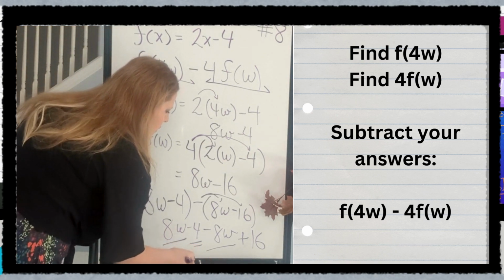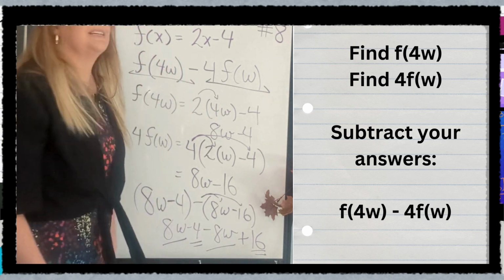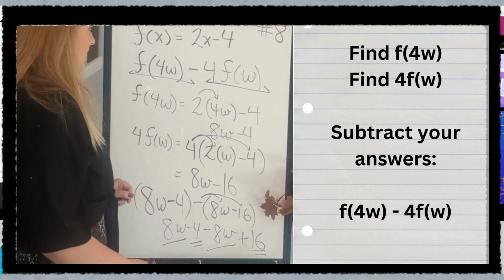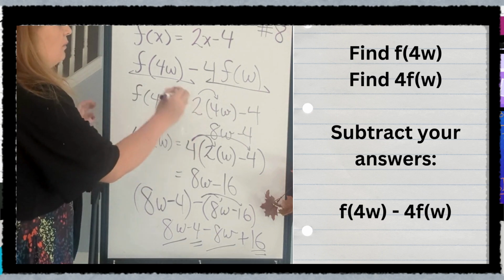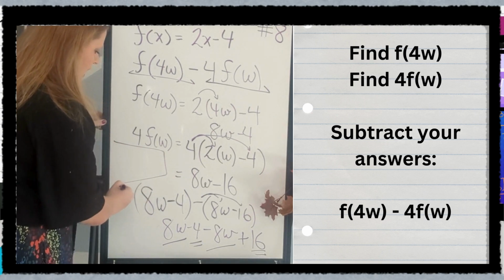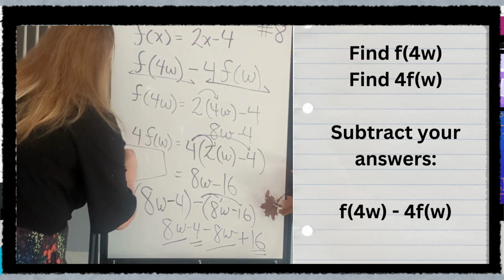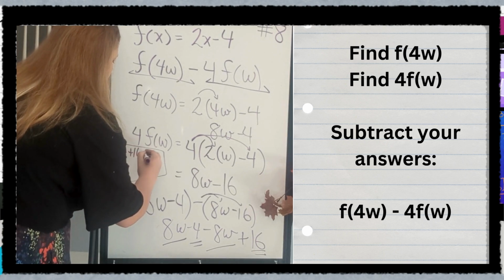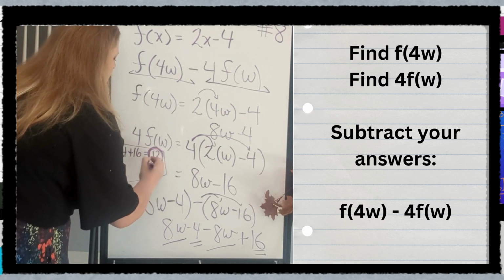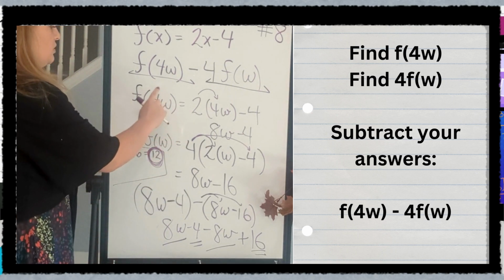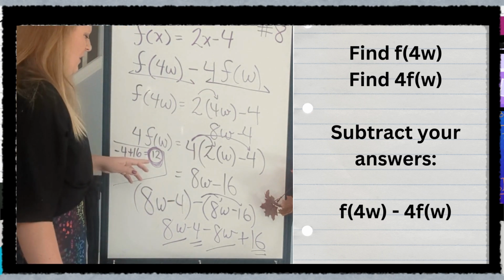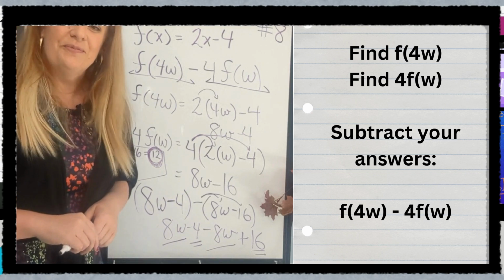And then we have negative 4 plus 16. I want to write that up here so you can just kind of see it. And I kind of ran out of room, so negative 4 plus 16 is equal to 12. So f of 4w minus 4 times f of w is equal to 12.